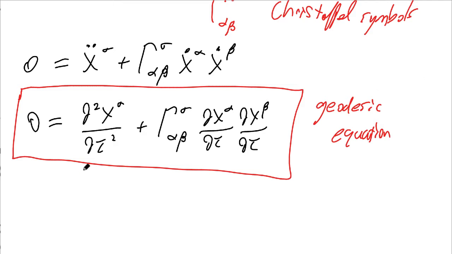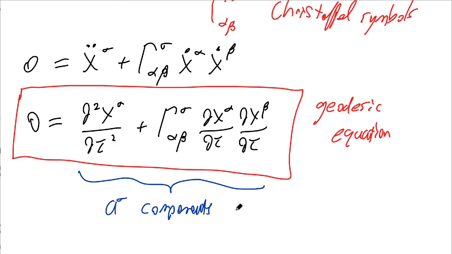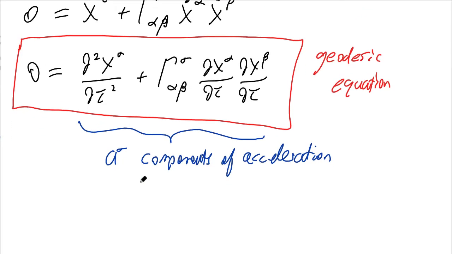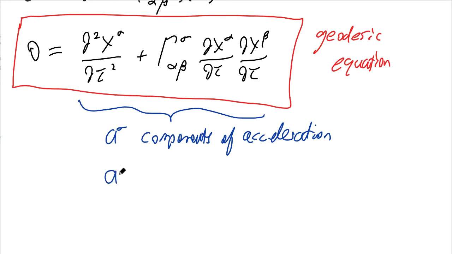And of course, you'll notice the right-hand side is precisely the components of the acceleration vector. So this is A sigma, components of acceleration. And let me remind you that we defined the components of the acceleration vector as forward velocity u alpha, del alpha, u sigma.